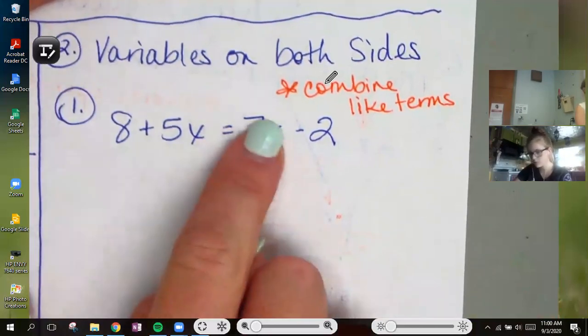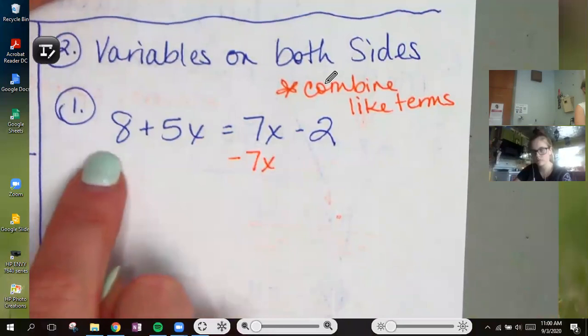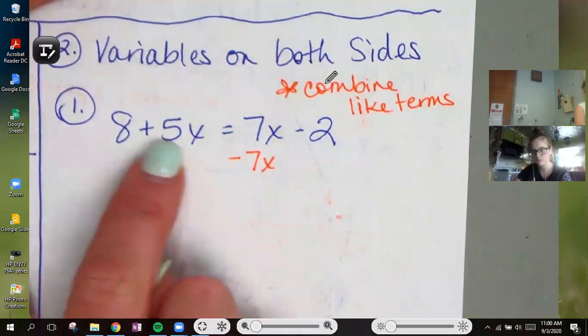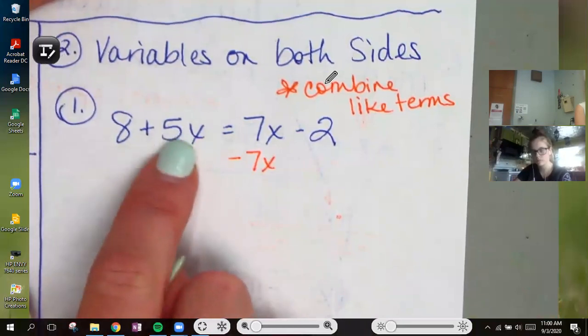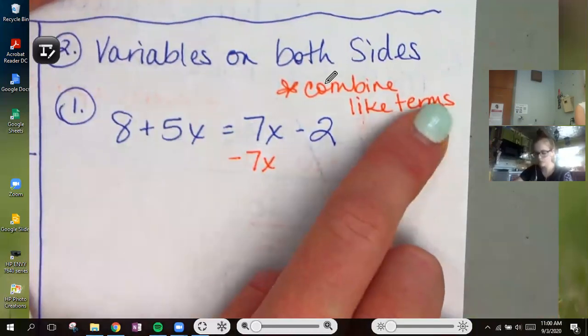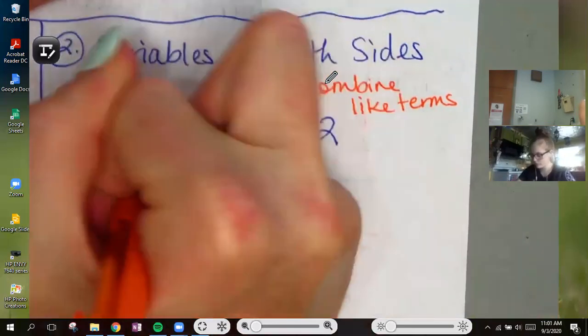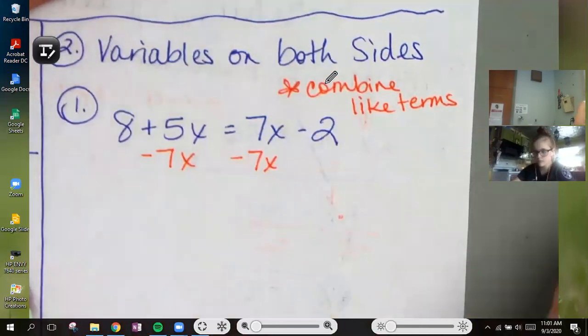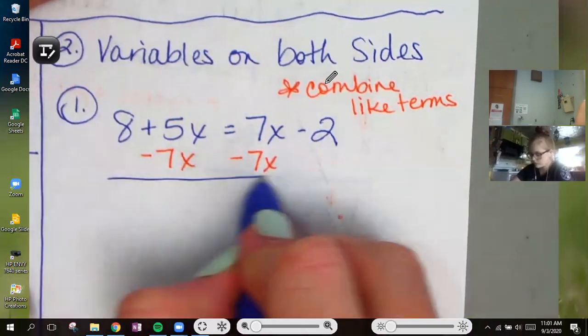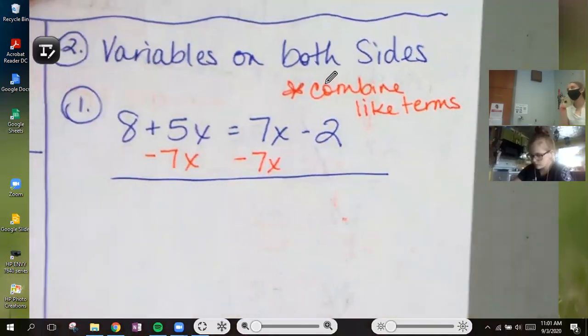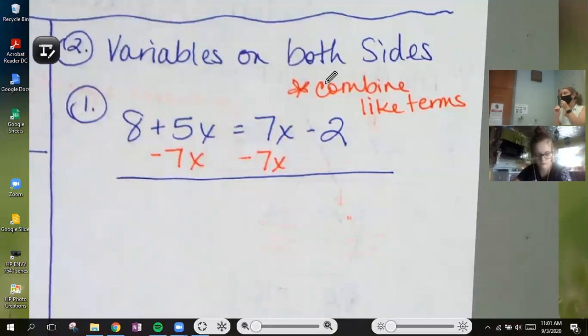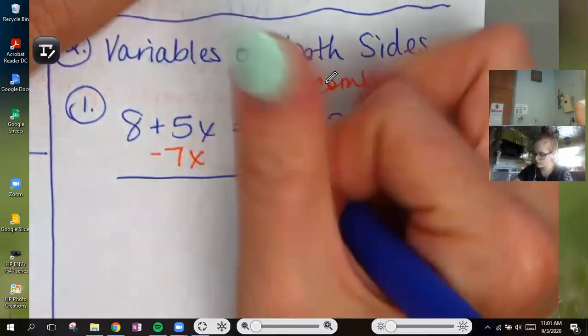Now, when I move it to the other side, which term am I going to write it underneath? Why am I going to write it underneath the 5x? It's the same term, okay? You don't want to put it with the 8 because you can't combine those. Okay, so we're just going to put minus 7x. It doesn't matter which side you choose to go through. Correct. I could have started by subtracting 5x. Okay, so what happens to my 7s? They cancel out.